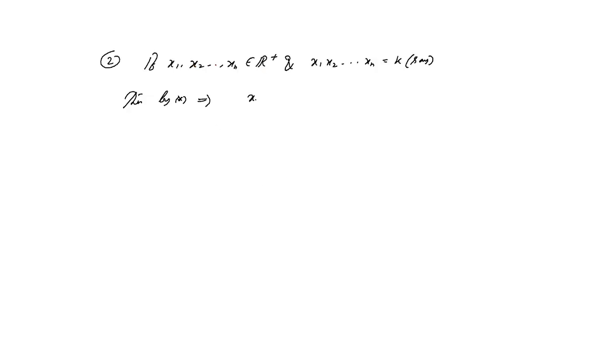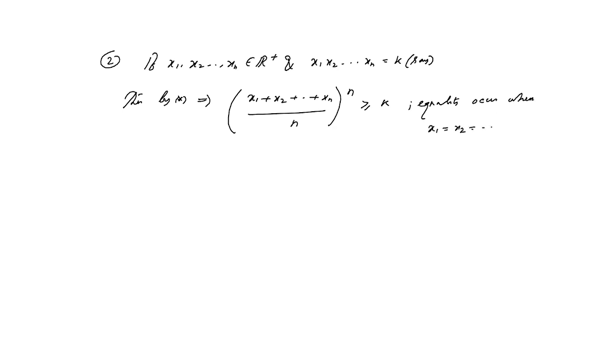So what we can write? We can write ((x1 plus x2 plus xn) by n) whole to the power n. This is greater than or equal to the product, that means k. And equality occurs when all are equal, that means x1 equals x2 equals xn.